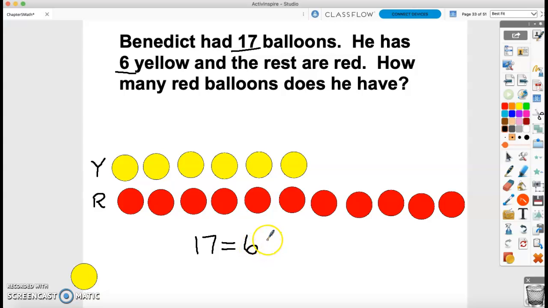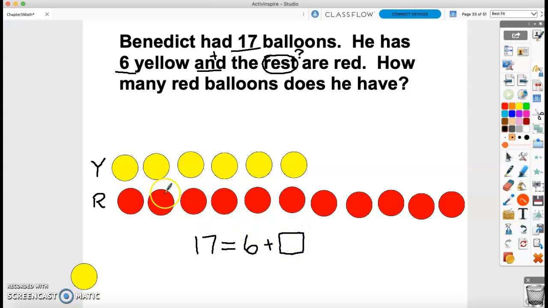So usually when I see the word and, it's a plus sign. Usually, not all the time. And so the rest is the question mark that we're trying to figure out. That would be my plus sign. Okay? So this is what we're trying to figure out for our addition sentence.